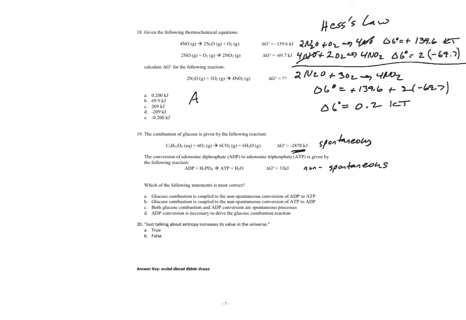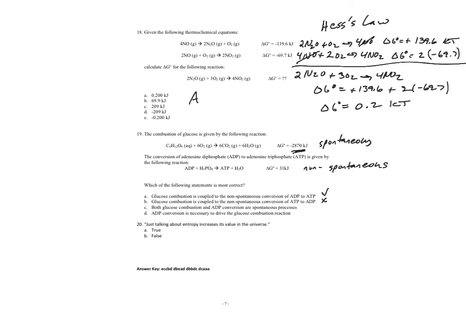Okay, so if we come back down to our choices here, glucose combustion is coupled to the non-spontaneous conversion of ADP to ATP. That would be the correct answer because ADP is being converted to ATP in our second equation. So it's definitely not this one.